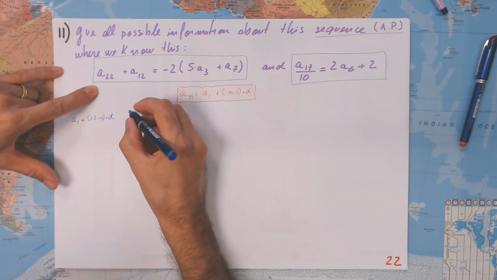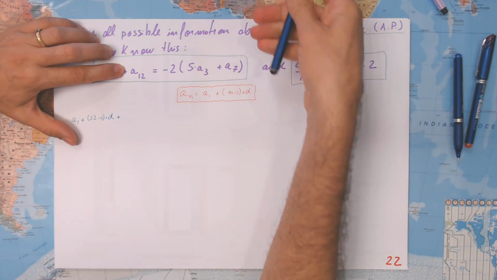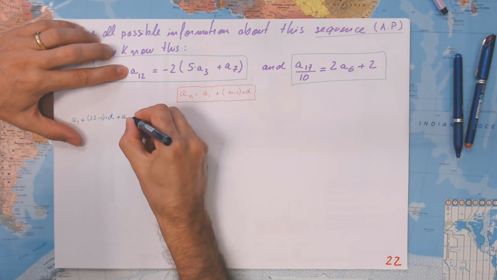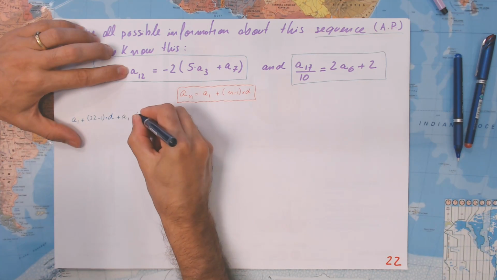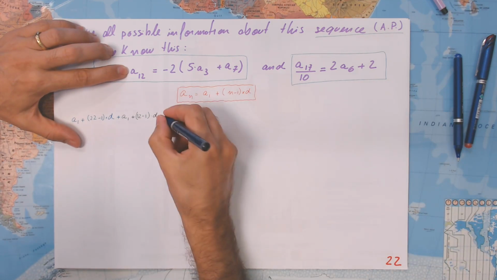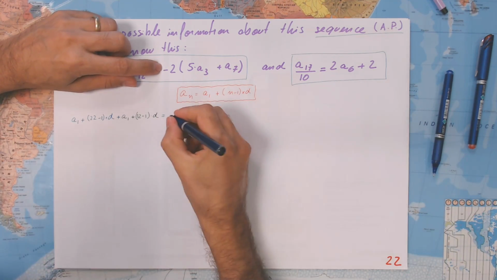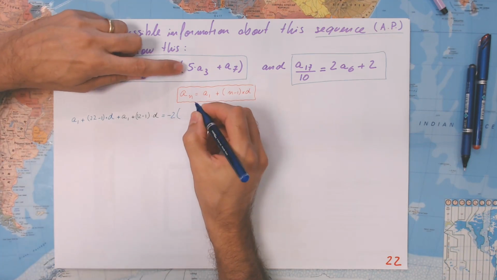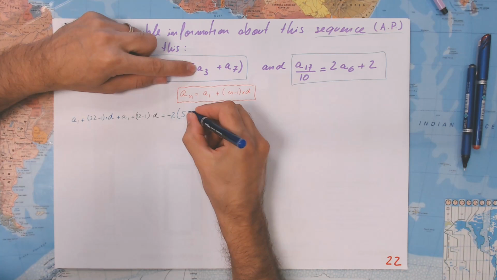A12 is going to be A1 plus 12 minus 1 times D, equals minus 2 times 5 times A3.